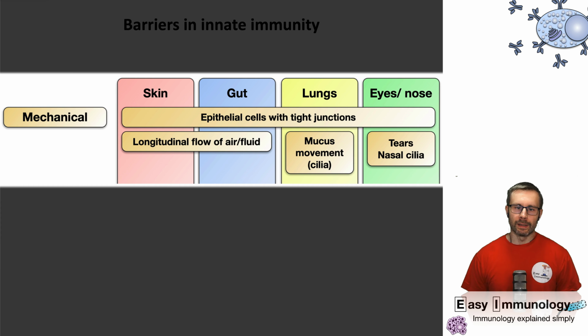You notice once you have had a cold, you produce a lot of mucus and it comes out of your nose and out of your lung. And this mucus is transported towards your mouth and your nose via cilia. These are small hairs that just push the mucus out, and with the mucus, a lot of pathogens are also pushed out. And your eyes and your nose produce tears. You notice this is fluid.